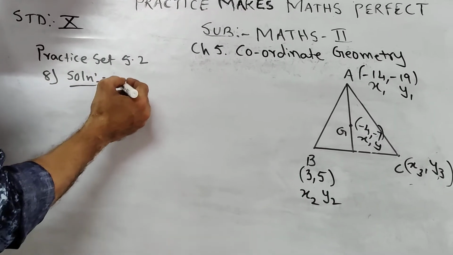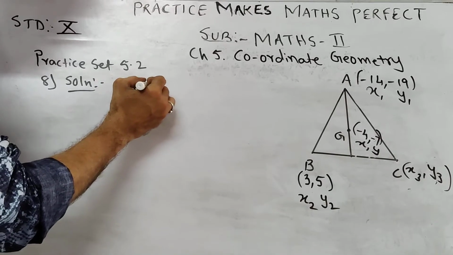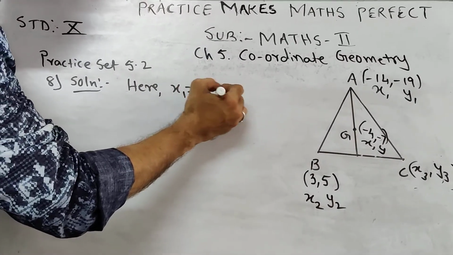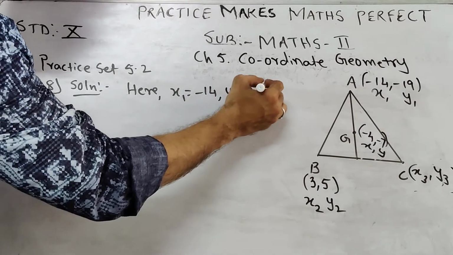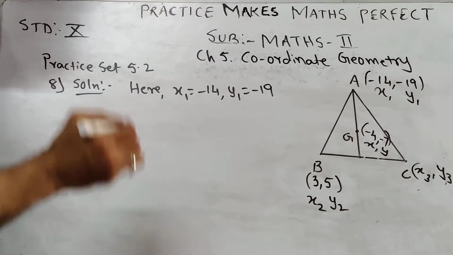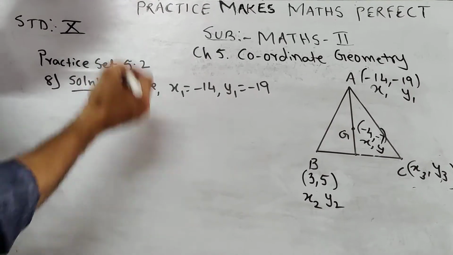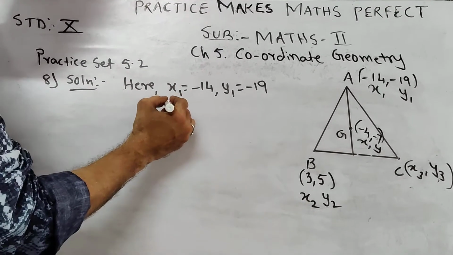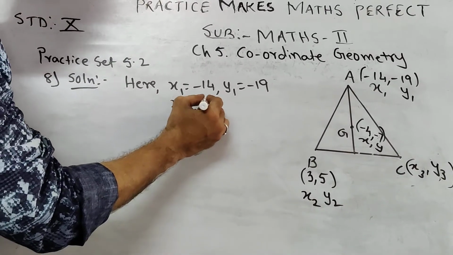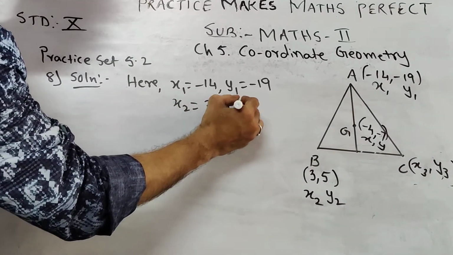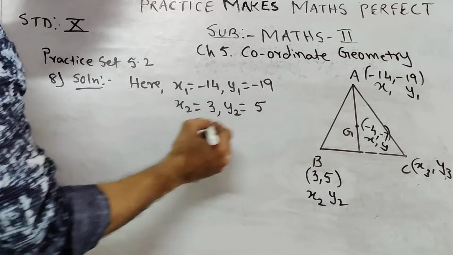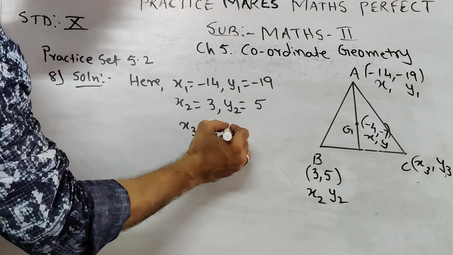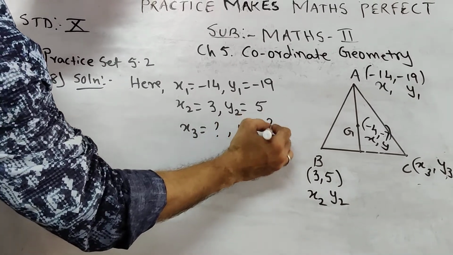So I am writing here x1 is equal to minus 14, y1 is equal to minus 19. This all you have to mention. Why you will mention, you know, to solve the sum in easy way. Immediately you can pick up. X2 is 3, y2 is 5, x3 is not given, question mark, y3 is also not given.